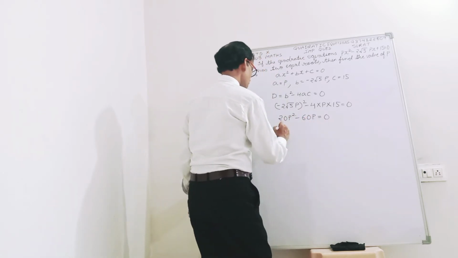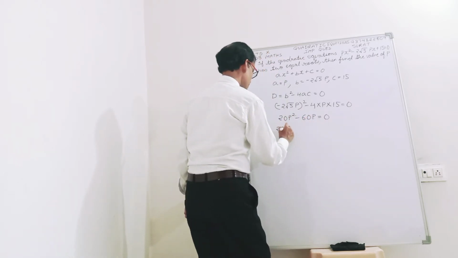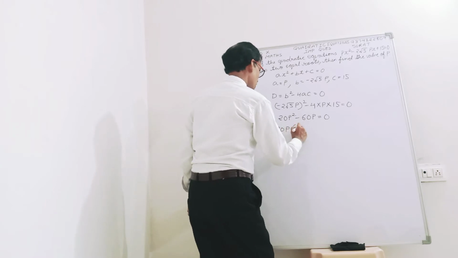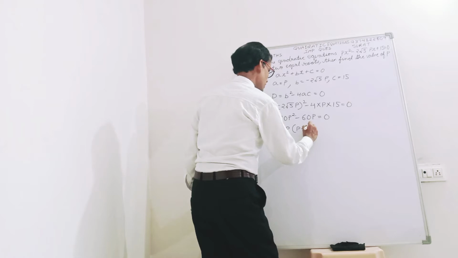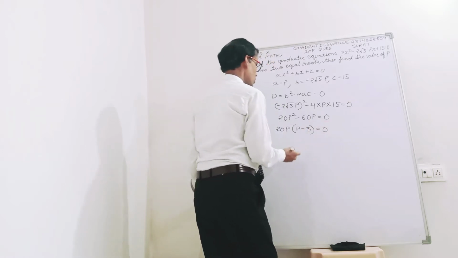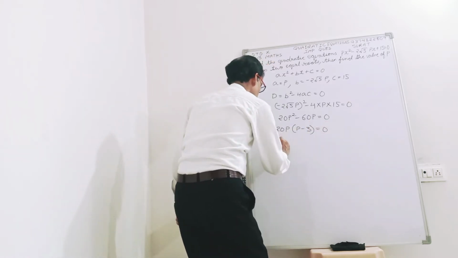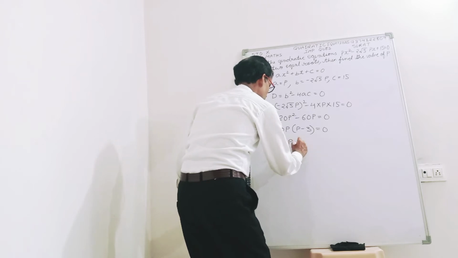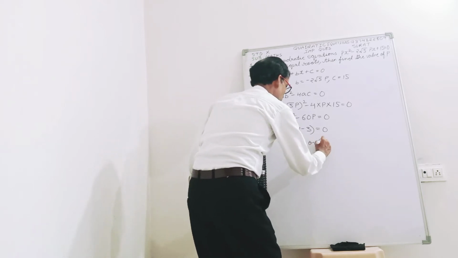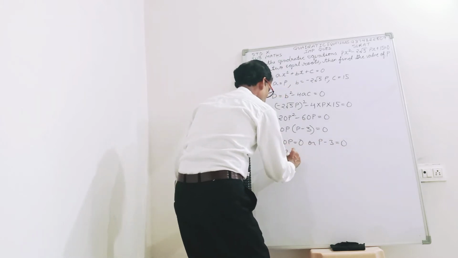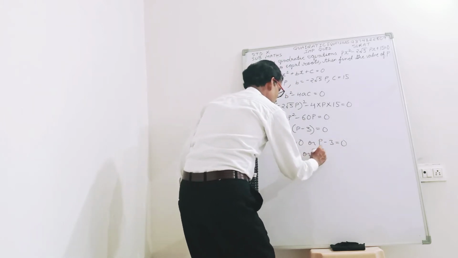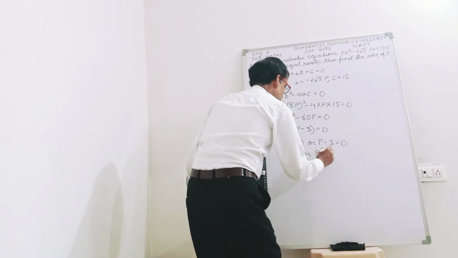Now 20p is common. What do we get? 20p into p minus 3 is equal to 0. So we can say that 20p equal to 0 or p minus 3 equal to 0. From this we get p equal to 0 or p equal to 3.